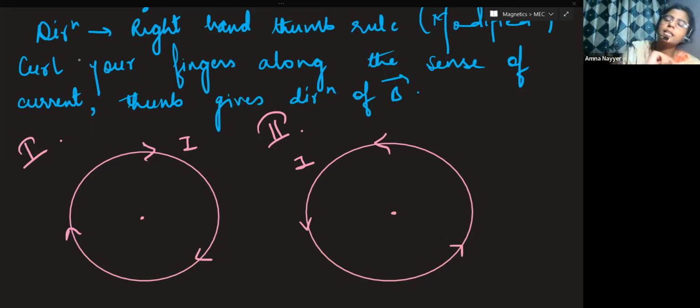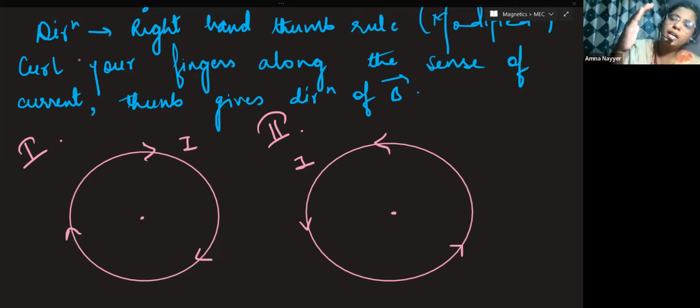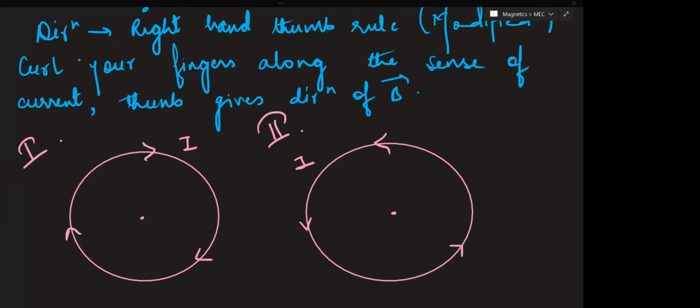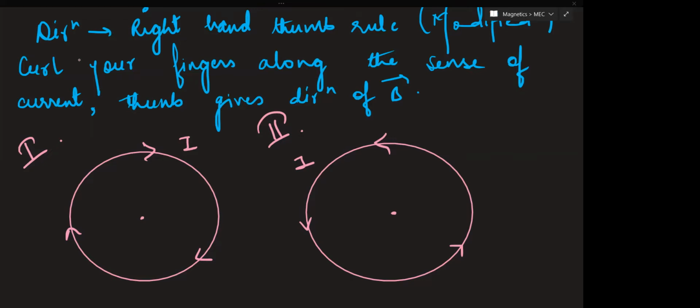Is the motion clockwise or anti-clockwise? First tell me that. Clockwise. So if I curl my fingers like this, which direction is it? Clockwise. Anti-clockwise. Now try it in the notebook.